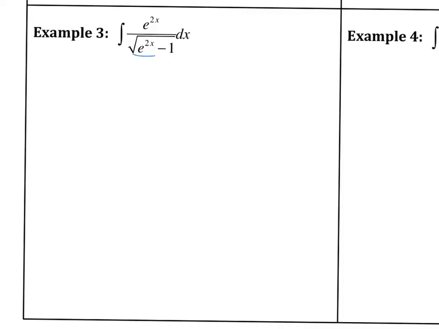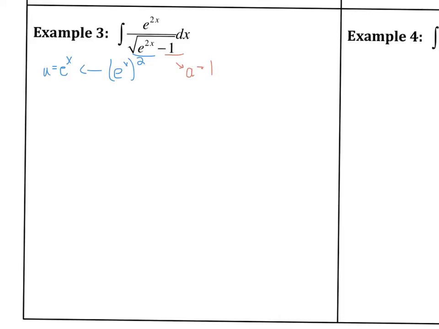In this case, u squared would be e to the 2x, so this is really e to the x squared. That would tell me that u is e to the x. And then here, a squared is 1, so that tells me that a is also 1.